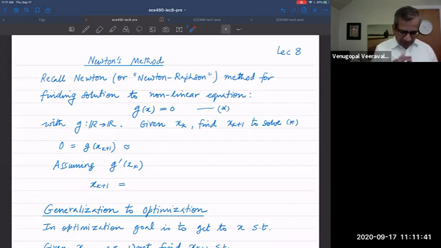The idea is as follows. You use the first order Taylor series expansion, essentially. It's an iterative procedure.